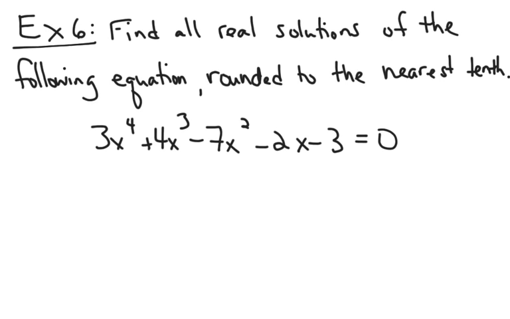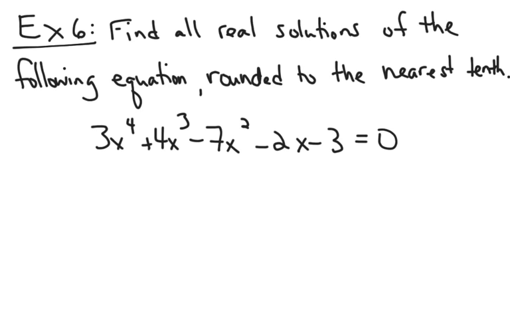Like I said, we can use a graphing calculator to find the solutions to a polynomial, or the real zeros. Sometimes with the zeros, we just want the decimal equivalents. So if we graph 3x to the 4th plus 4x cubed minus 7x squared minus 2x minus 3 equals 0 in the calculator, you'll notice that there are 2 zeros.